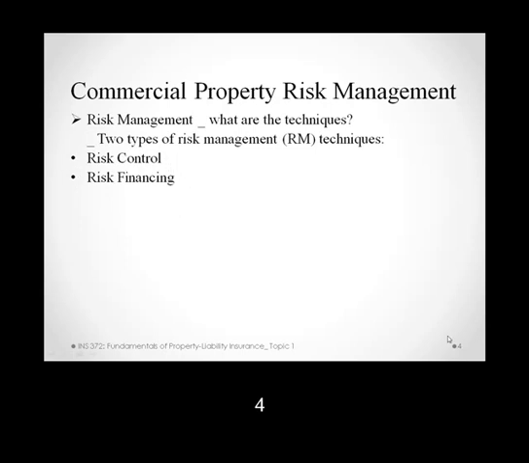So what are the specific risk control methods? The first one would be avoidance. For example, do not build your house in a flood-prone zone. By doing that, you simply have avoided the risk of being flooded. The other one is loss prevention.